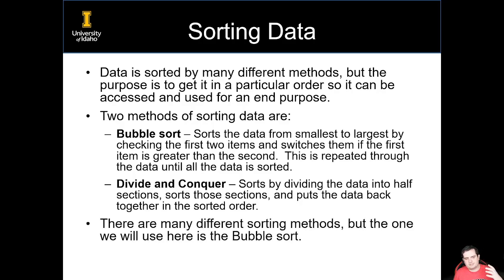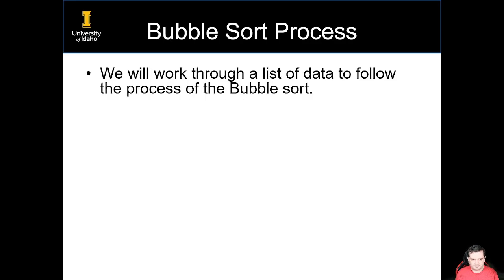There are a lot of other sorting methods, especially when you start going into things like big data. That's its own special field that you can go to, especially if you go into college, where you can talk about different ways of sorting through data efficiently. But the one that we're going to use is pretty straightforward. It's this bubble sort system.